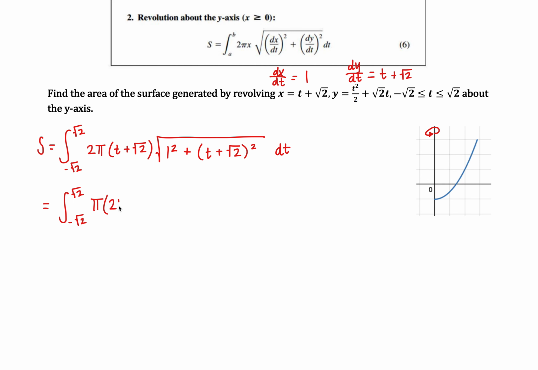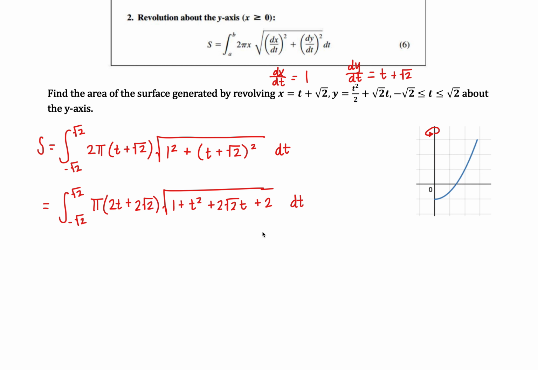The reason I'm going to do that is going to become apparent in just a few minutes, but it's mainly because I've worked this problem before and I know what's coming. Okay, so I just distributed the 2. Inside the radical, we have 1 plus t squared plus 2 times the square root of 2 t plus 2.